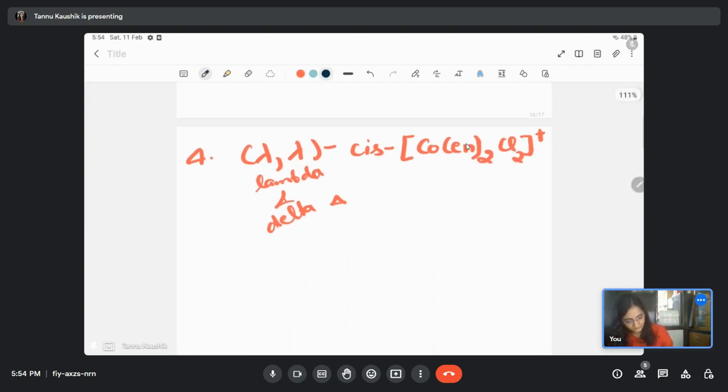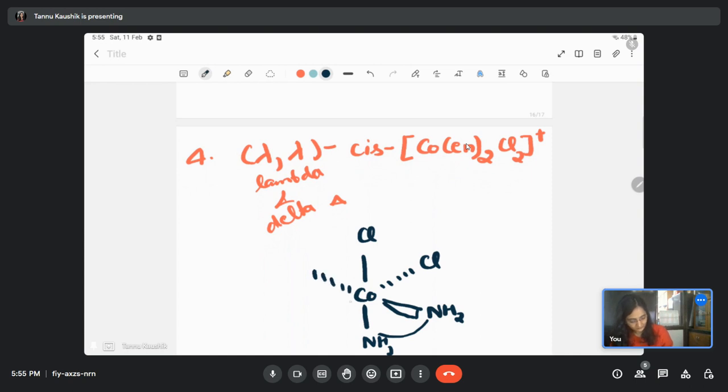So what is the geometry for this molecule? This ethylenediamine is a bidentate chelate ligand. So we will get a geometry like this.